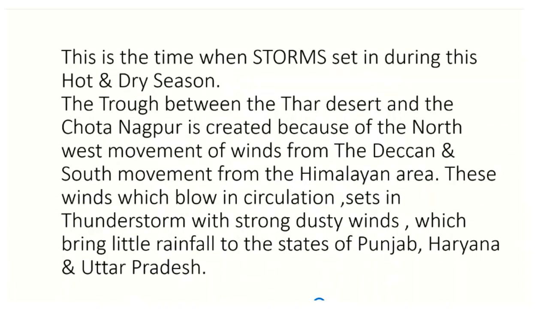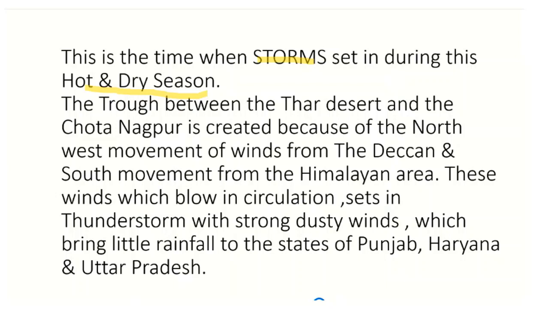These are the storms which set in during this hot and dry season. A trough between the Thar Desert and Chota Nagpur is created because of northwest movement of the winds from the Deccan and south movement from the Himalayan area.